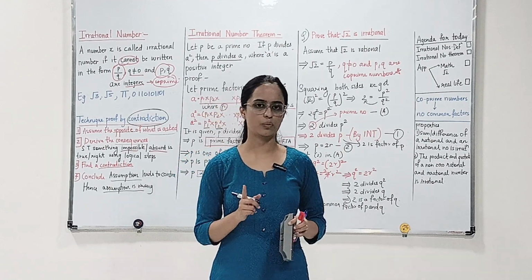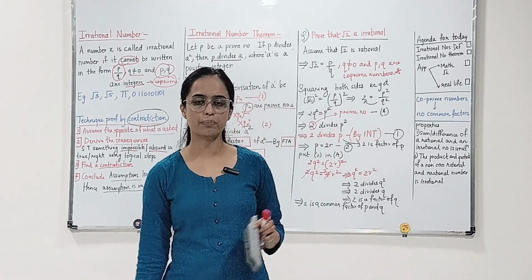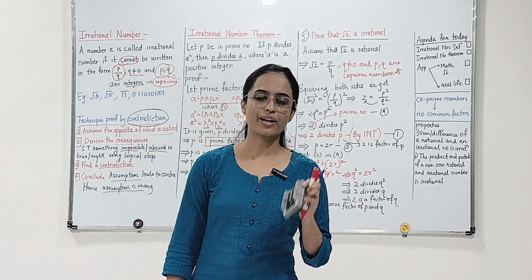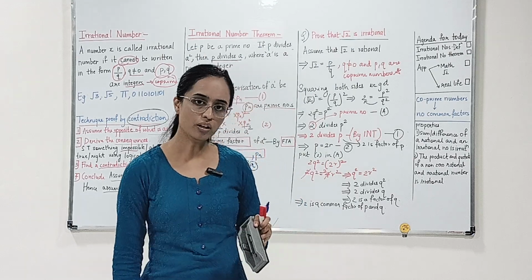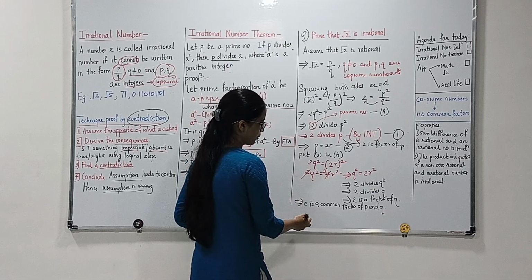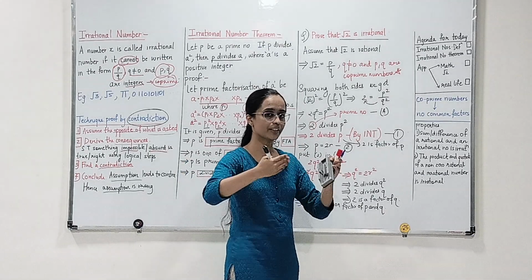It is not possible. Why is it not possible? Because we know that p and q are co-prime numbers, and co-prime numbers do not have any common factors except for the number 1. So here, we tried deriving the consequence, and what did we get in return?